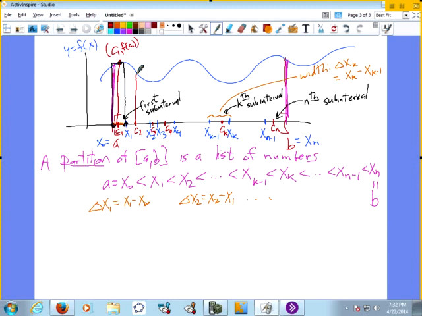And then at C2 you go up to the curve, so you have the point C2 and f of C2. F of C2 is the height, the red segment that I drew. And if you go to the left and right of that, you'll get that rectangle. Over here at rectangle number k, you've got this point somewhere on the interval that gives you the height, Ck and f of Ck.